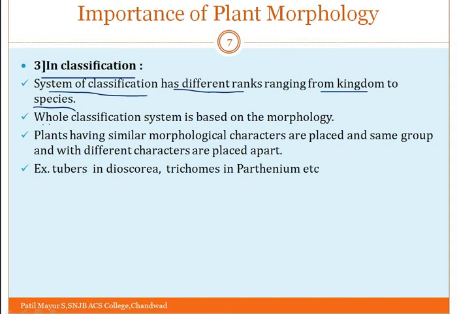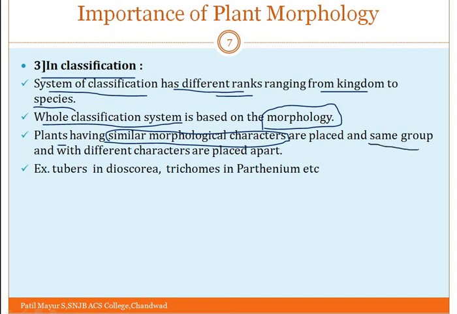This whole classification system is based on morphology. The morphological characters are taken into consideration while classifying different plants. Plants having similar morphological characters are placed in the same group.